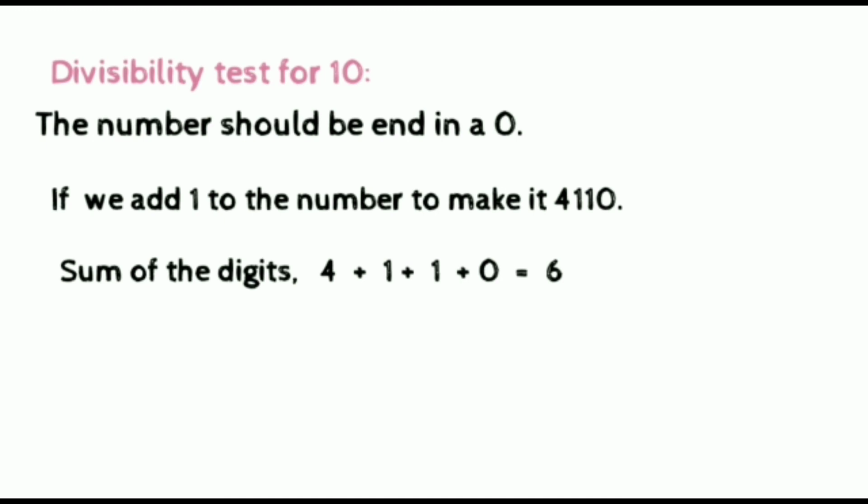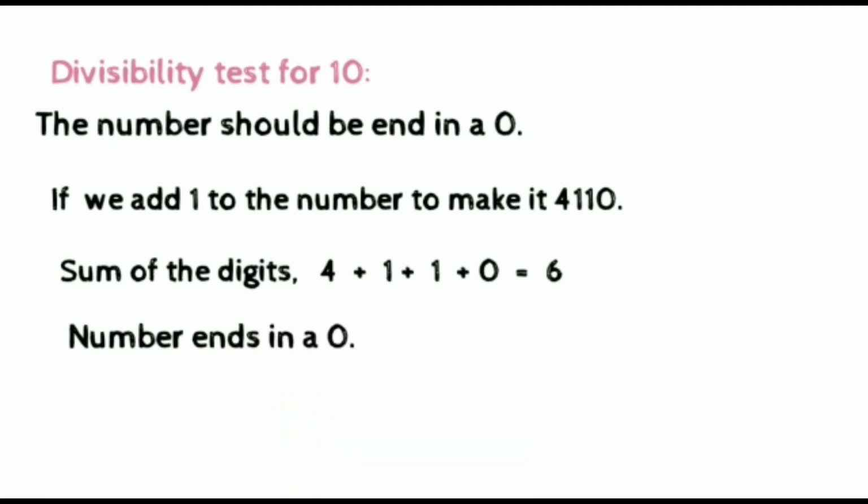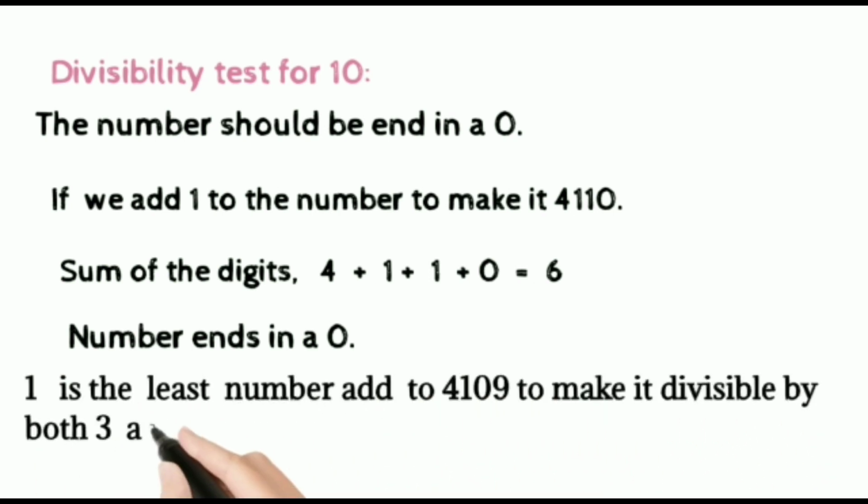In the same way, here the number ends with 0, so we can divide it by 10 also. The answer is 1, the least number added to 4109 to make it divisible by both 3 and 10.